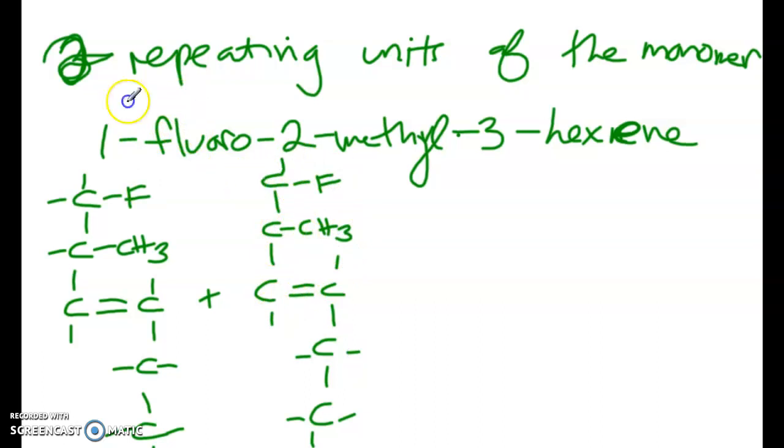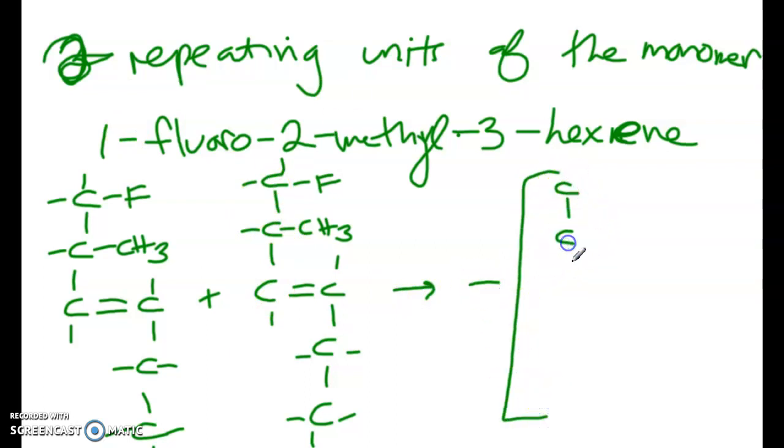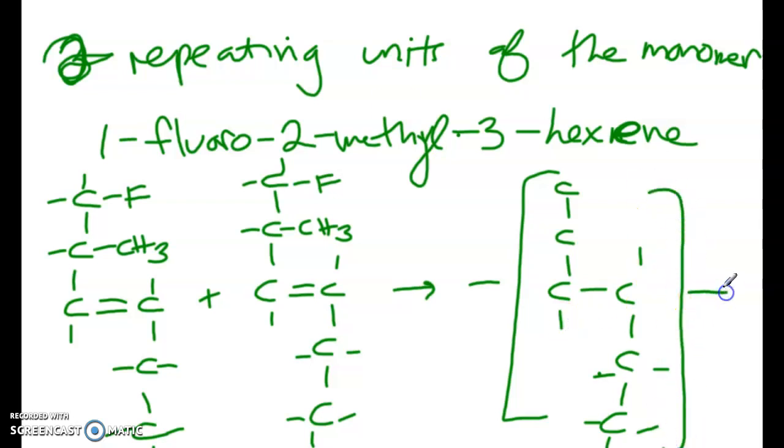All right, so you can have a whole bunch of stuff on there, different groups, but the process is the same. So I'm going to do the condensed one here. So you're going to have 1, 2, 3. This is now a single bond. And everything stays put. Okay, so that's an addition polymer.